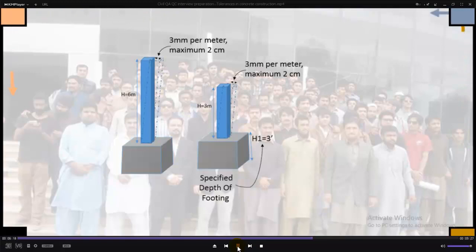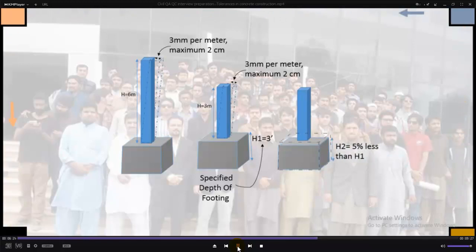Similarly, the depth of the footing should not be reduced by more than 5% of the specified depth of footing in the drawings, as shown.